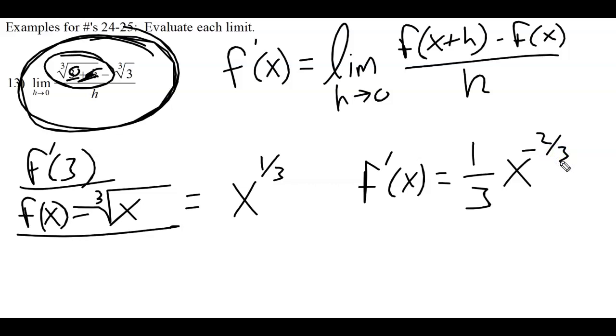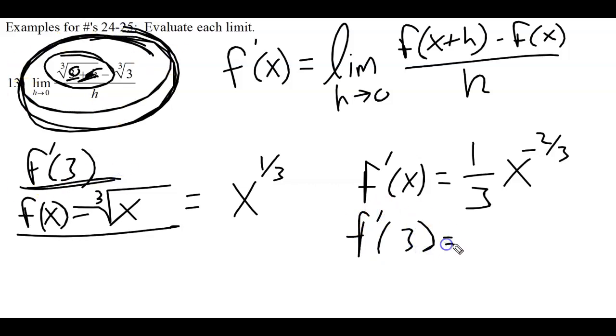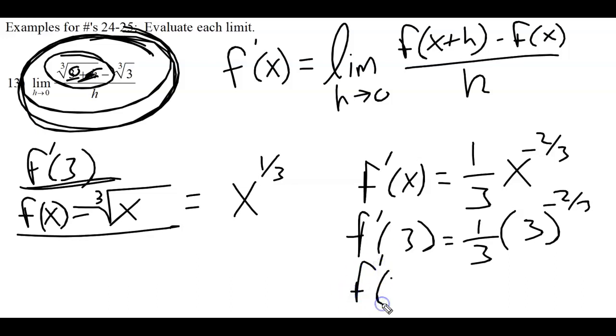Okay? And so that means that f prime of 3, which is what this thing equals, and that's what we're trying to find, is 1/3 times 3 to the negative 2/3 power. Okay? So I'm going to rewrite this a little bit.